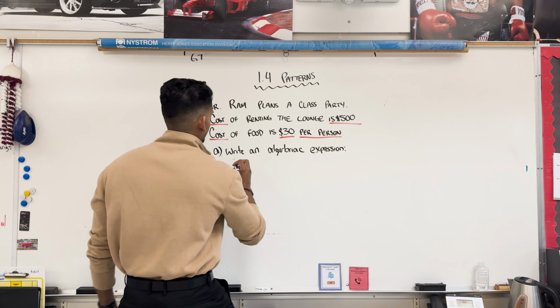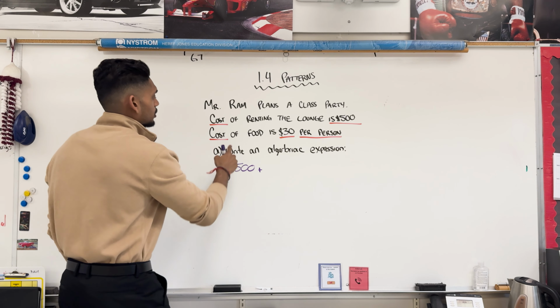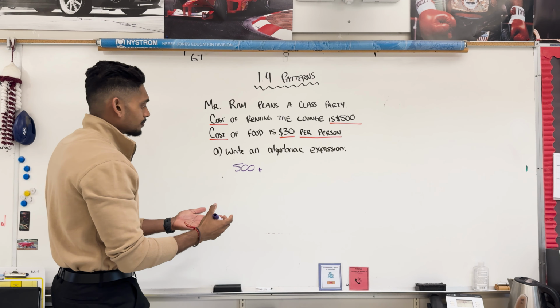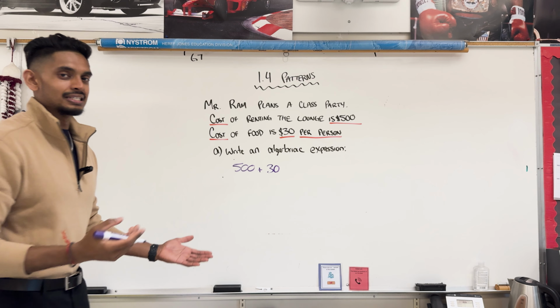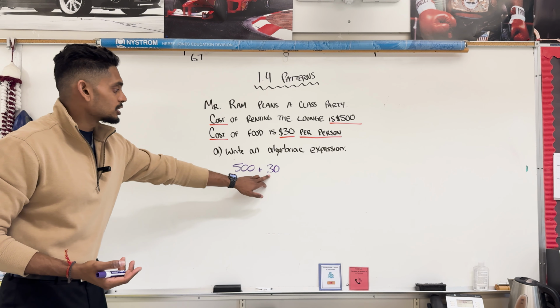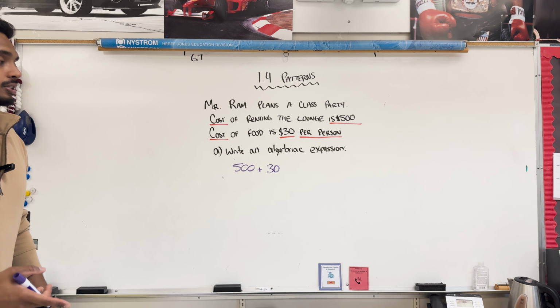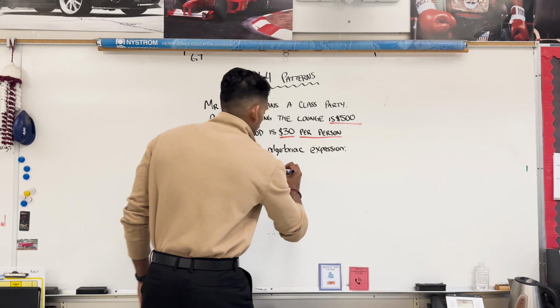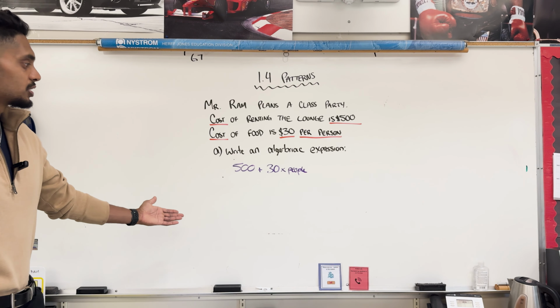The geniuses in the front row already know, right? We have a cost here of 500, okay? We also have another cost, so we're going to add 2 costs together, which is $30. But is that correct? No, because it's 30 times however many people I bring in, per person, right? So how do I say that? Times people, right? Does that look like a good expression?